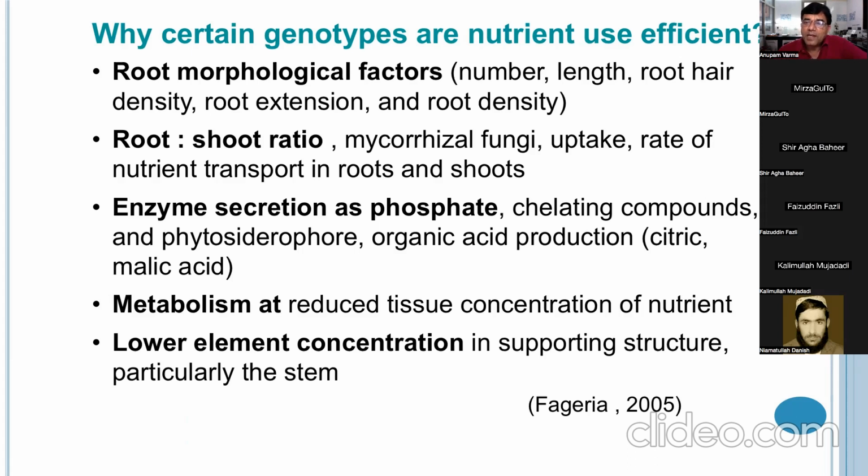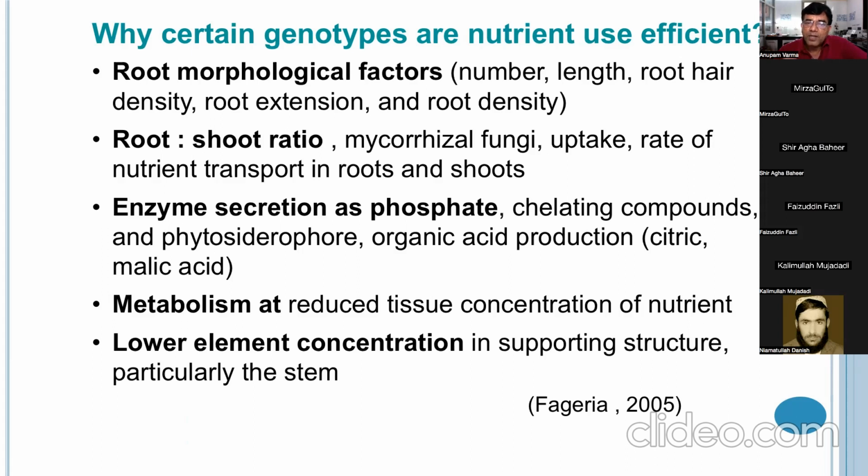The legume can transfer at least 50% of the nitrogen fixed by it to the cereal partner. So these mycorrhiza are very, very important in the uptake of nutrients. They increase the absorption area, and more nutrients can be absorbed if you have mycorrhiza around the roots.